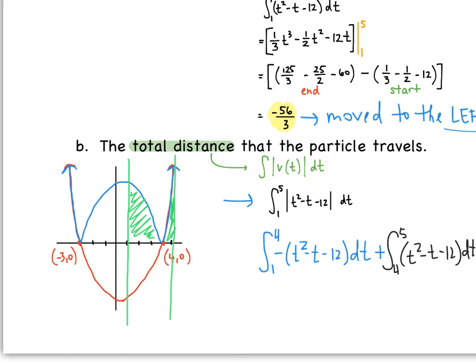So when we do, we should get this blue portion to be negative 1/3 t cubed plus 1/2 t squared plus 12t, and we're going to evaluate that from 1 to 4.